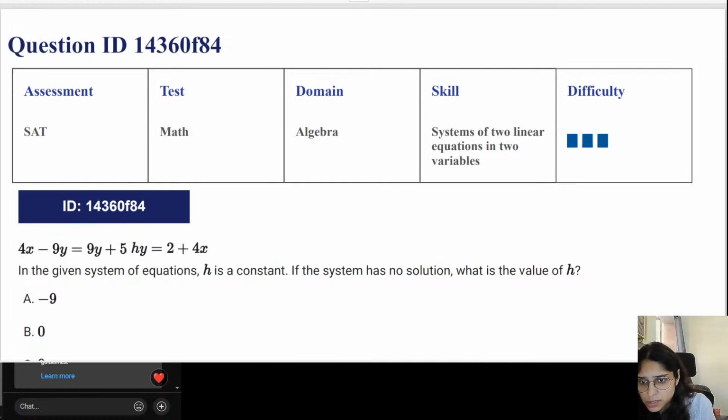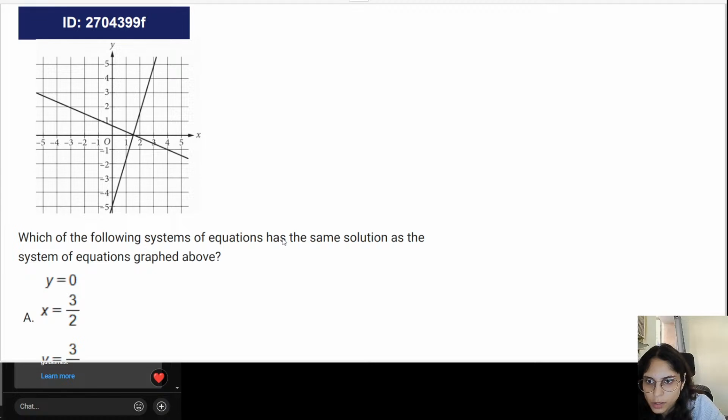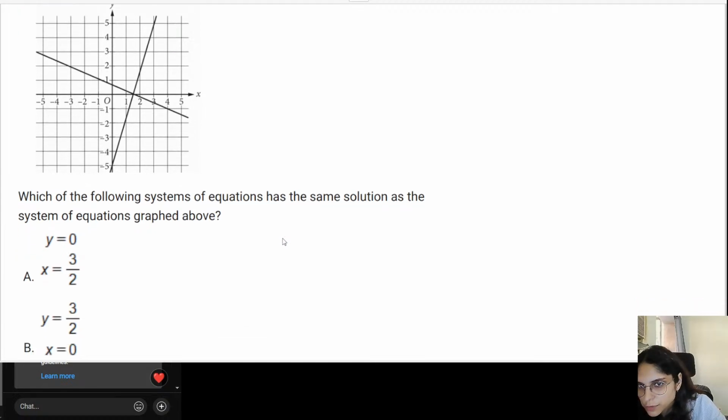Next question is 54. Which of the following systems of equations has the same solution as the system of equations graphed above? So this is over here, 1.5 comma 0.